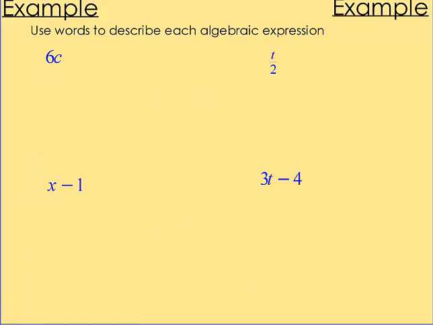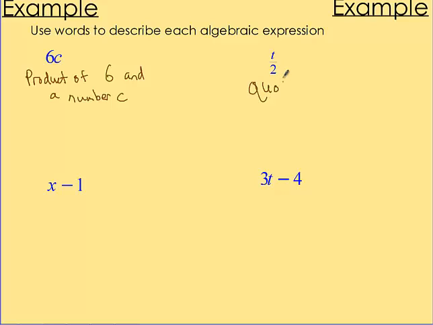Let's do the last one. So this example, pause again. And let's go. Use words to describe each algebraic expression. So 6c, we can go the product of 6 and a number c. The next one, t divided by 2. Well, we can write that as the quotient.